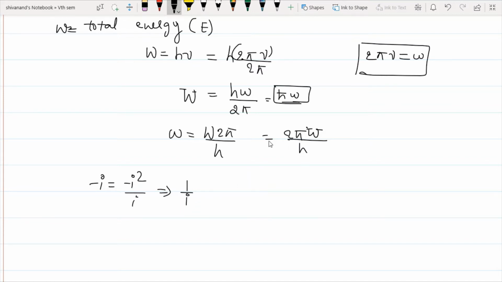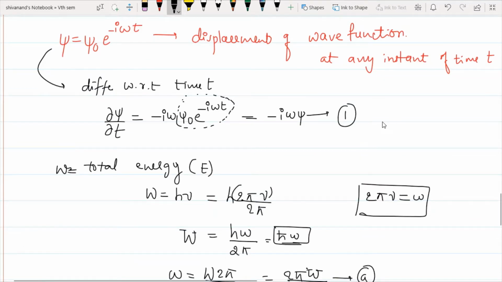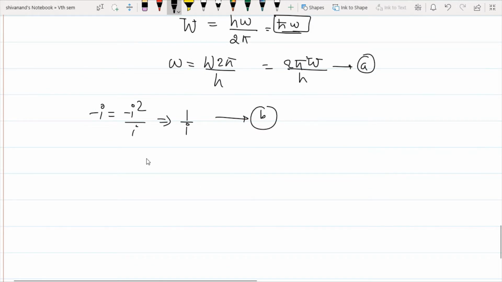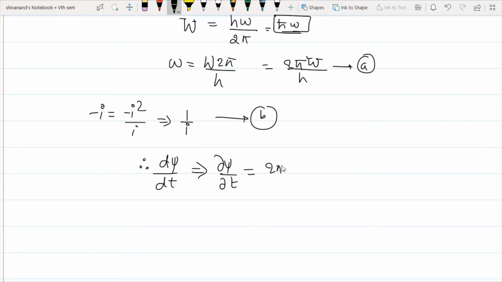If we substitute these two terms in equation 1, since we have differentiated partially, we get dou psi by dou t is equal to 2 pi W divided by h into i into psi.